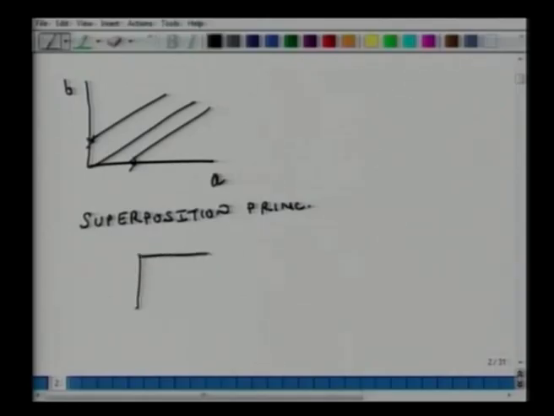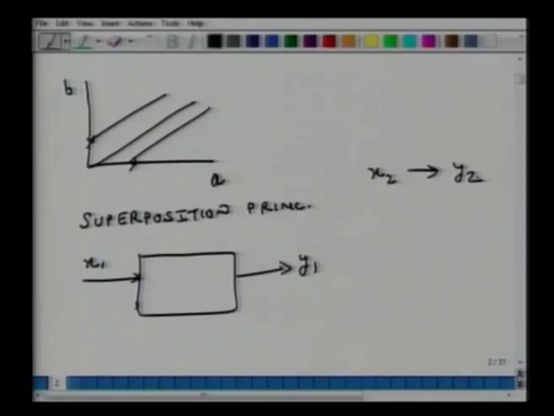Suppose I have a system and I have an input x1 and it yields an output y1, and then in another case I provide it an input x2 and it yields an output y2. Then if I provide an input x1 plus x2, and it is a linear system, the output will be y1 plus y2.